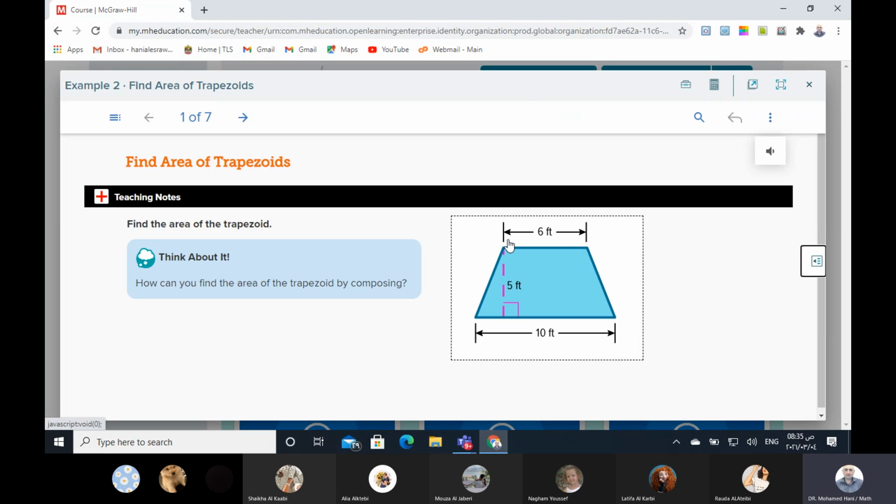I want you all now to try to find the area of this trapezoid. Start, please.